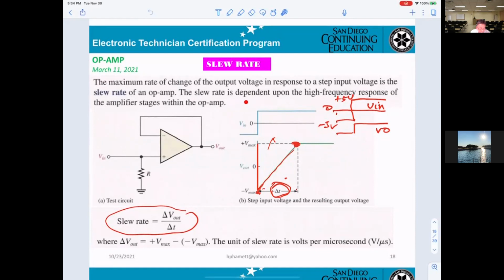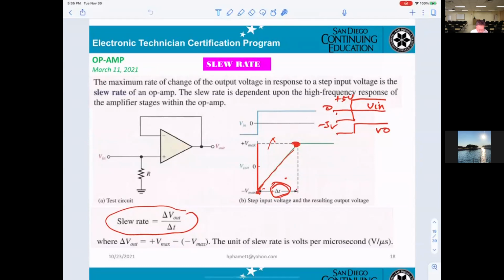The slew rate depends upon the high frequency response of the amplifier stage within the op amp, and the definition for calculating slew rate equals delta V out divided by delta T. That means from 0 here, going to whatever comes out, that is delta T. And delta V out will be equal to plus V maximum minus minus V maximum.